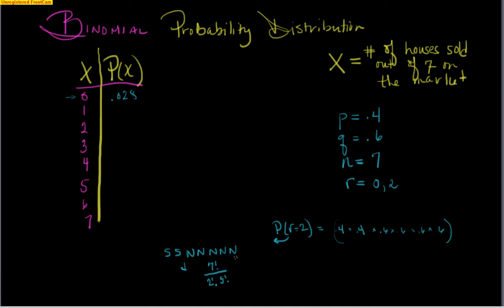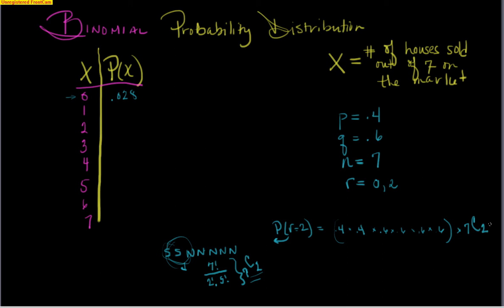And we could work that out on our calculators, except if you look at that, this is 7 choose 2. This is a combination. This is a combination out of the 7 variables, and we choose the 2. We'll just make those the successes. So this is 7 choose 2. It's the same thing. So we have to multiply this by the 7 choose 2.